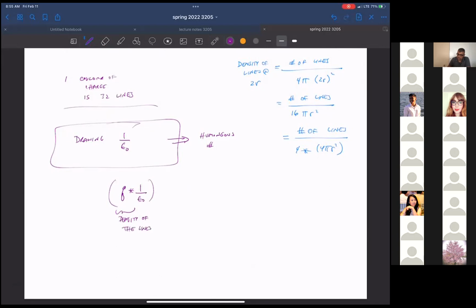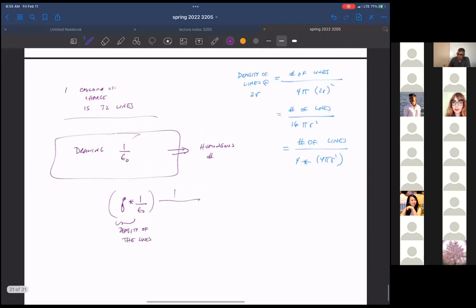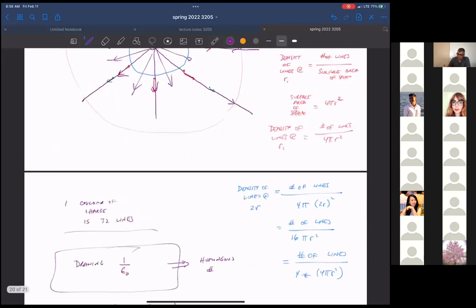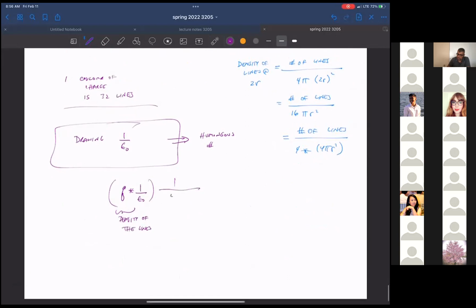Then I would have the surface area at a particular point, which would be 1 over 4 pi r squared. So this is the area. And it so happens that this is exactly equal, equation-wise, to the E field at that point.